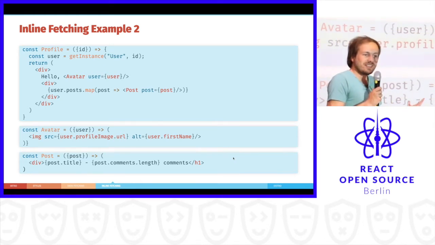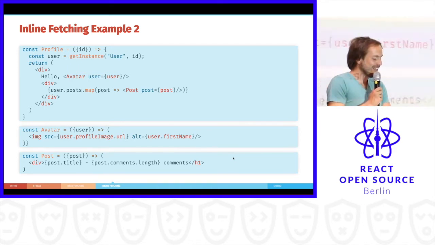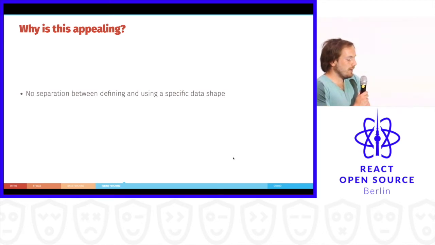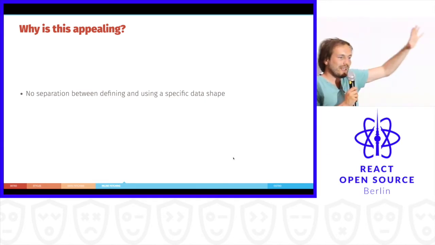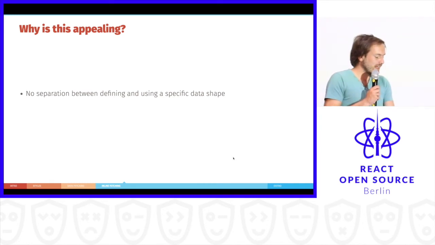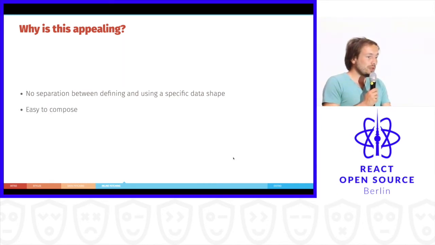So wouldn't it be nice to create a component or a system like this, because this would allow you to not have the separation of defining the data shape at one place and then using this data at the other place, which could result in a disconnect at some point. It's quite easy to compose, as you've seen.